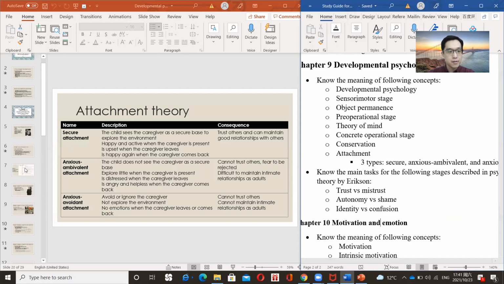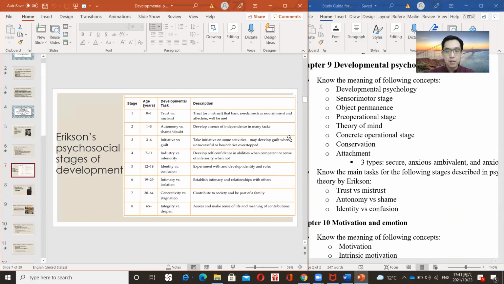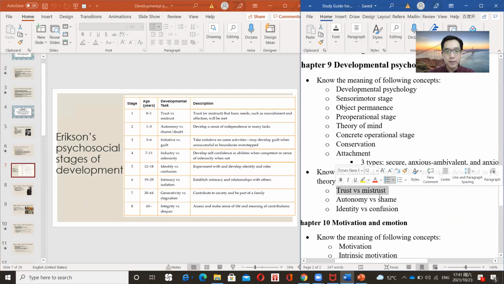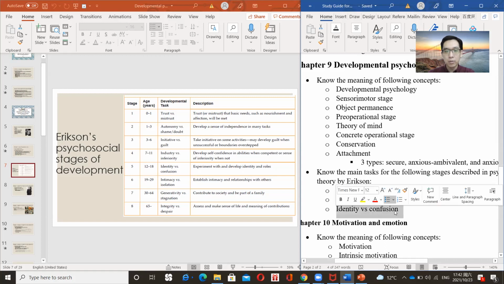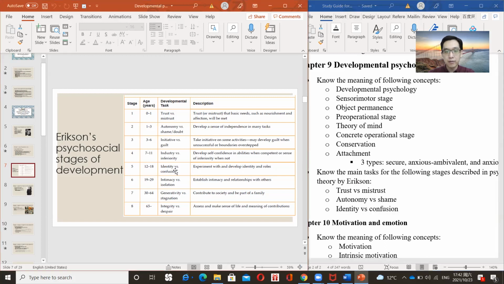So let's see them. You need to know the first stage, trust versus mistrust. You need to know the main task in this stage. The second stage we need to know about is autonomy versus shame. And the third one we need to know about is stage 5, identity versus confusion.